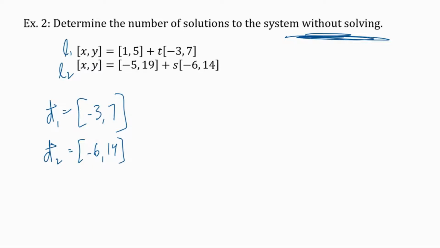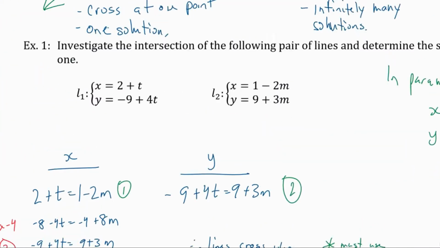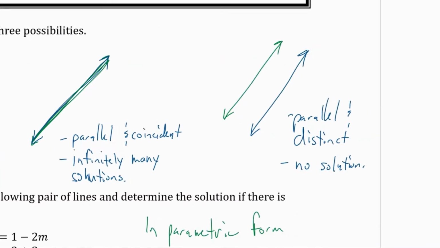They are scalar multiples of each other. 2 times direction vector 1 is equal to direction vector 2. Therefore, they're parallel. But that puts us in one of these 2 possibilities.